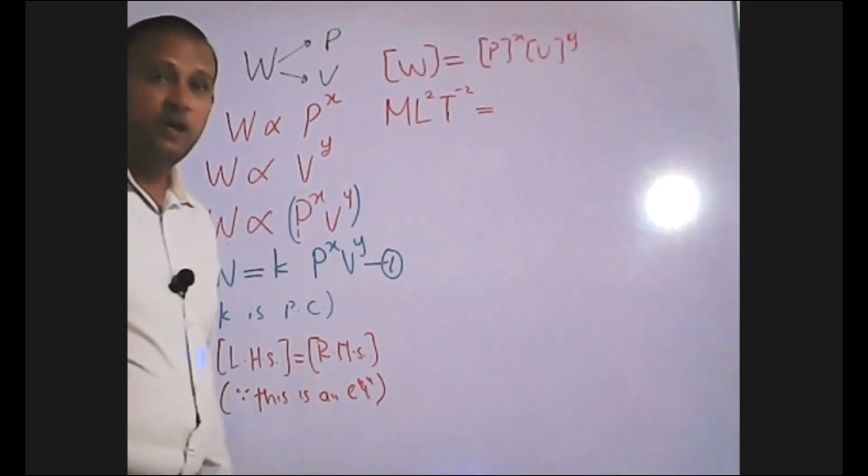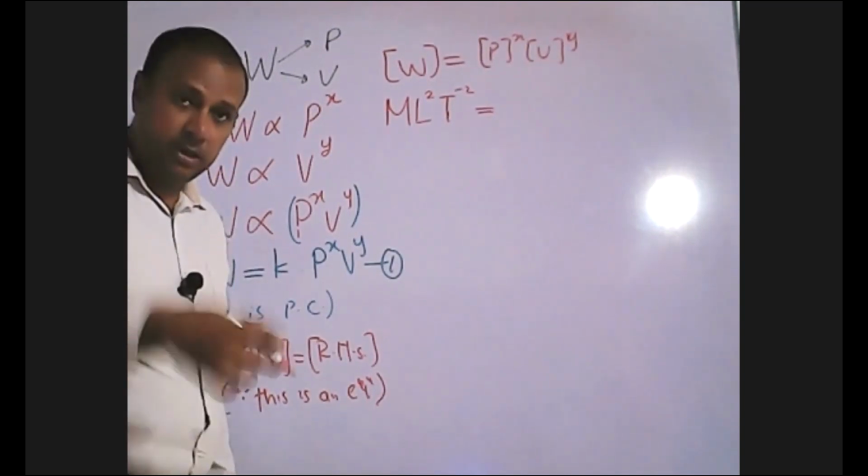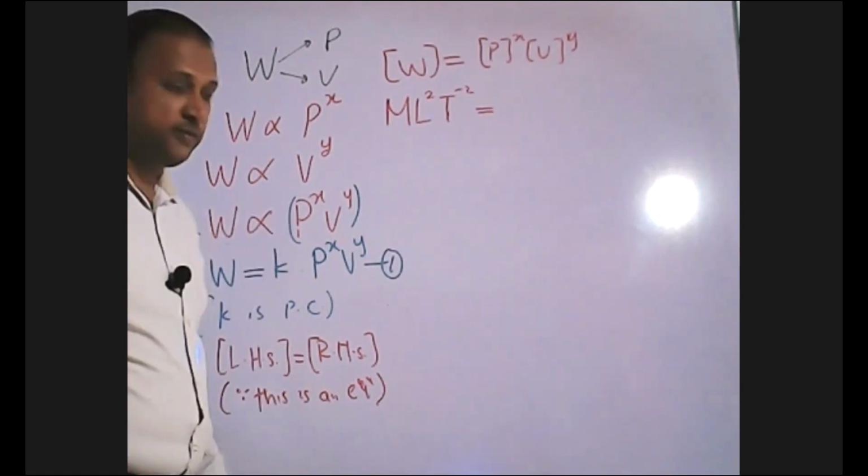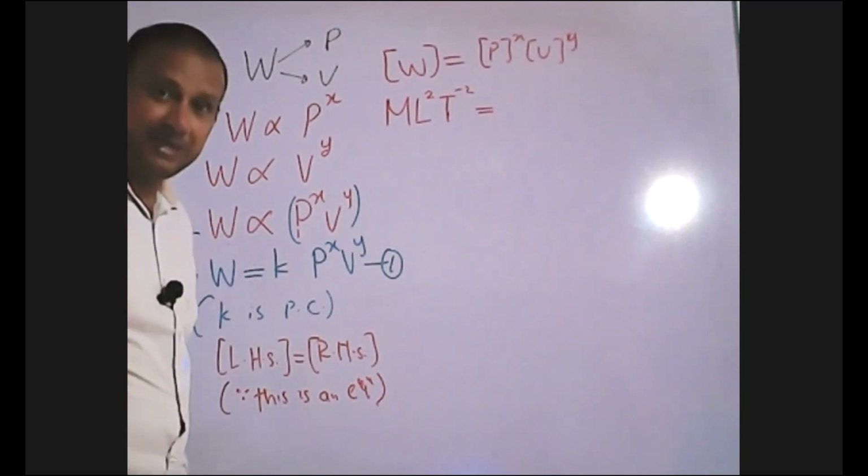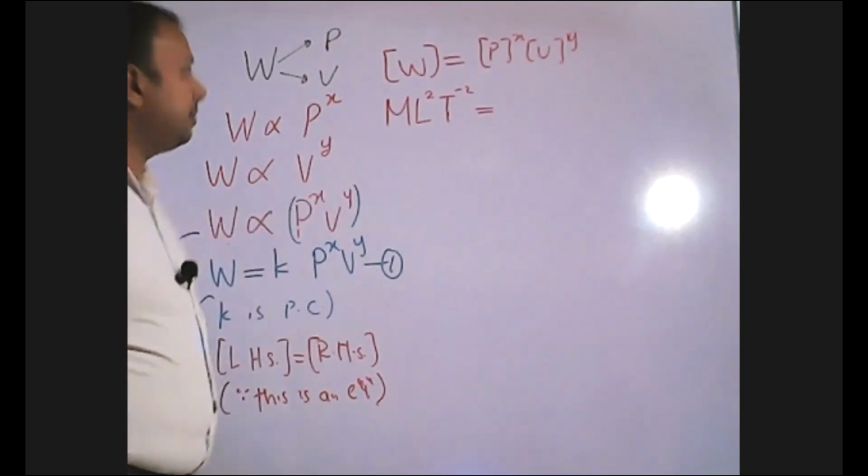Work is equal to force into displacement. Force is M L T minus 2, and displacement is L. So M L squared T minus 2.